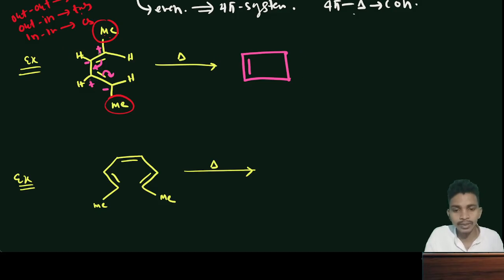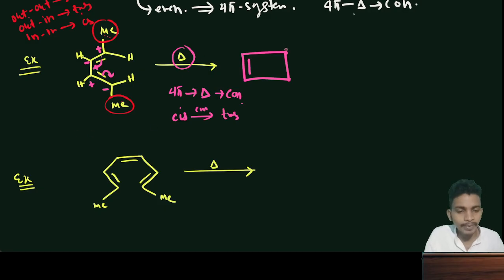So now what we see is that heat is given, and how many pi bonds? Two, which is even, means 4 pi. Now, if it is heat, where the bond is formed, we are doing conrotatory here. Then this is out, which means cis, and if it is cis and you are doing conrotatory, then that stereo will change into trans.